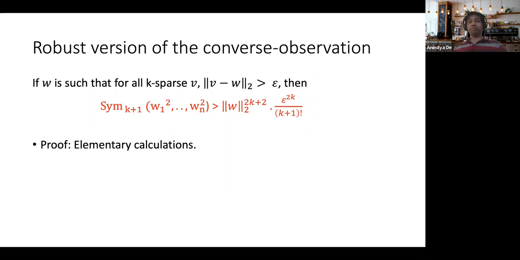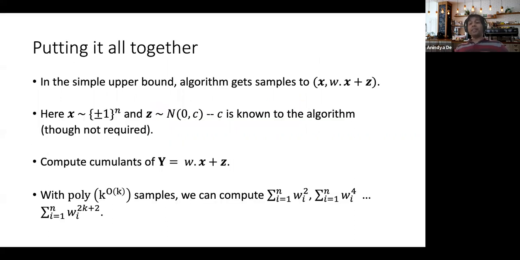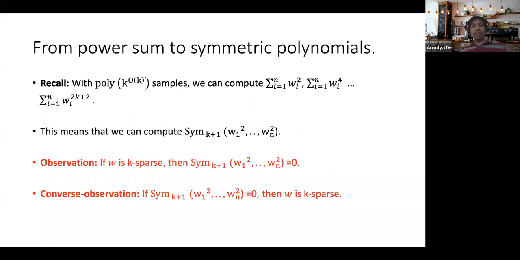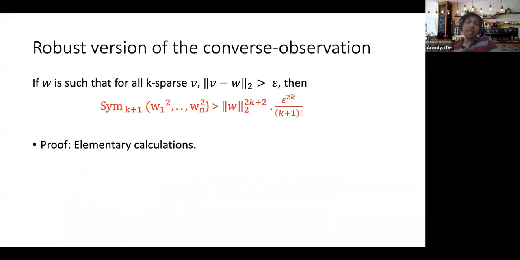Putting everything together, the algorithm can compute this number: with poly(k) to the order k samples, I can compute the k plus 1th symmetric polynomial, and to very good accuracy. Then I can check whether it's very close to 0 or at least somewhat large, and accordingly tell you whether w is k-sparse or not.